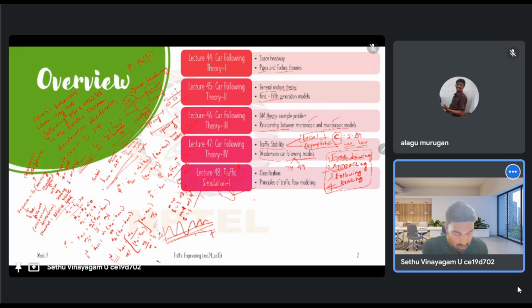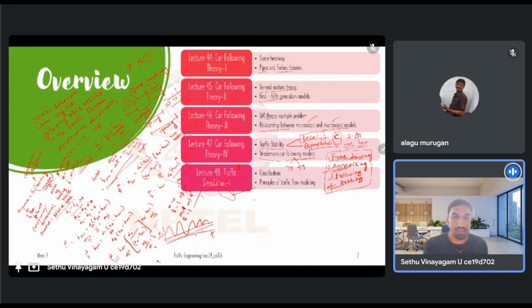For this we have to correctly represent the system, and that's where we develop these different models. The model is nothing but a replication of the physical system. And then we have different types of simulations, like deterministic and stochastic.